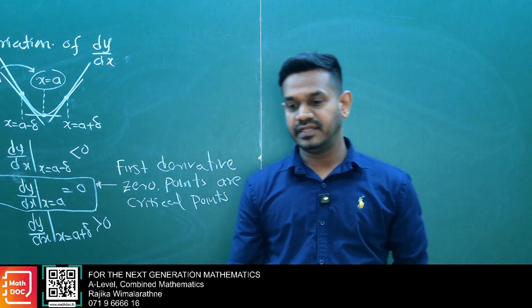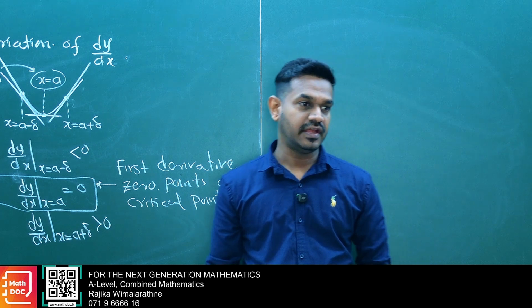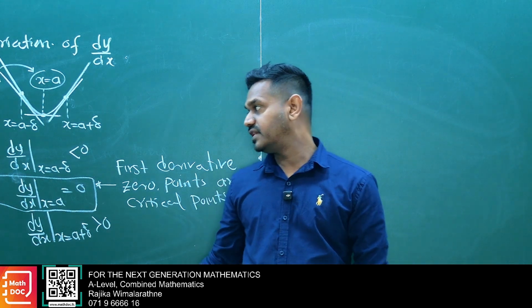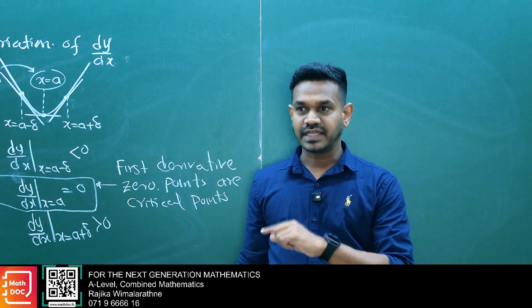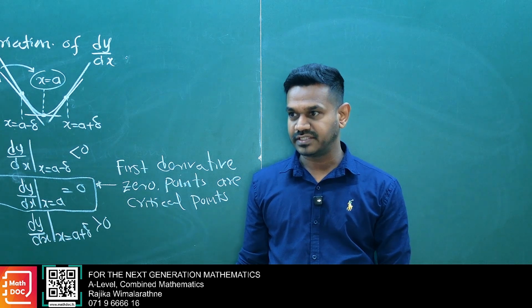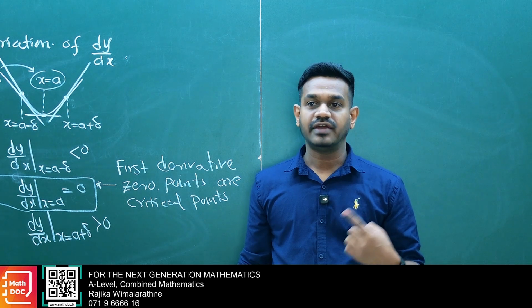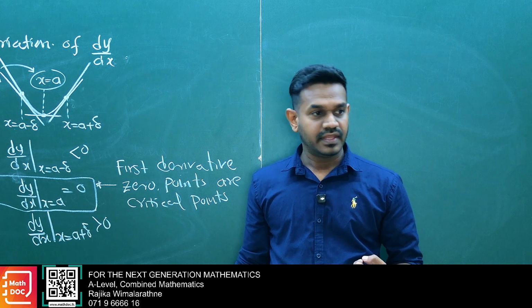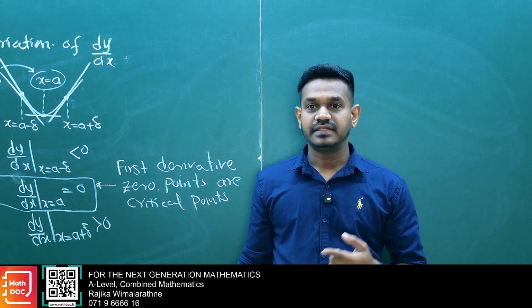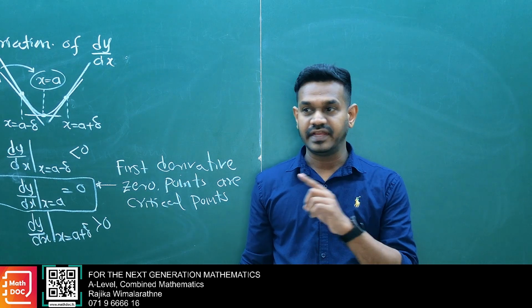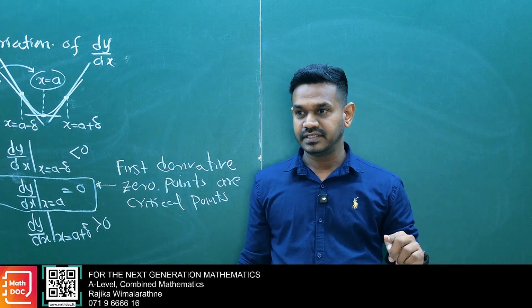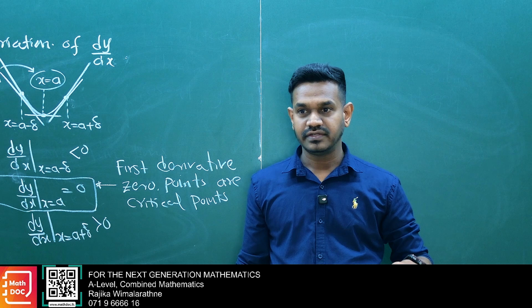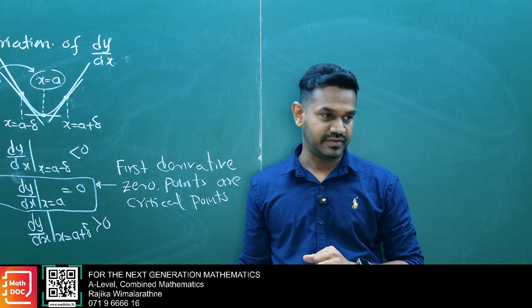So when you are doing application of derivatives, you have to identify critical point first. So that point belongs to maximum or minimum, no? Then critical point we obtain by checking derivative, then derivative 0 position. First step, you have to differentiate the function, then equate to 0, find values, that is critical values.